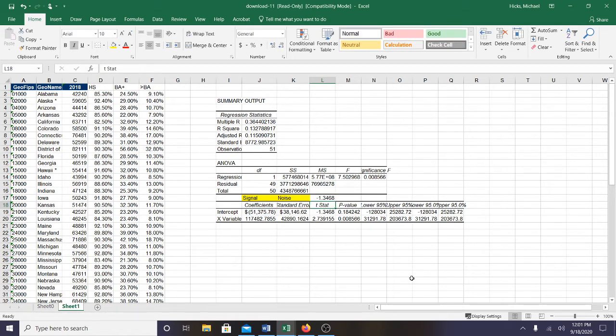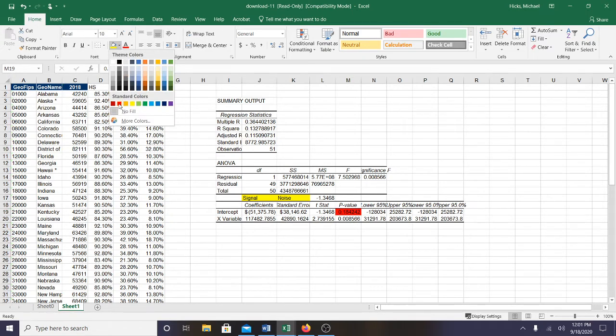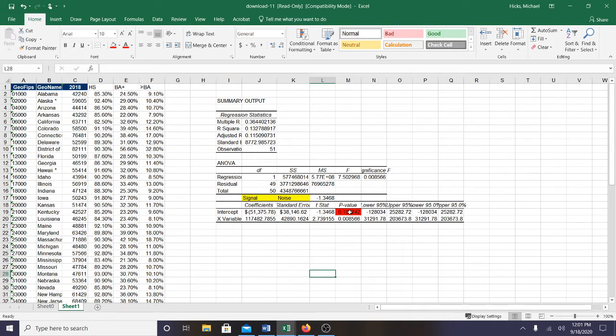Well, looky there, right? The coefficient and standard error, this is that value, right? This is the probability that that value is higher than it would be by accident, right? So what that really means is that 18 out of 100 times that result could occur.